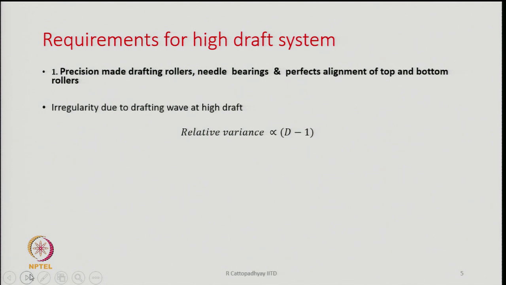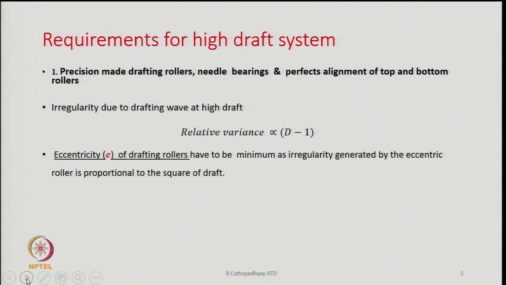Why the rollers have to be so perfect in terms of the manufacturing precision. First of all, the irregularity that is generated due to drafting wave is proportional to d minus 1. Relative variance, that is, the irregularity expressed in terms of relative variance, CV square, will be proportional to the draft.